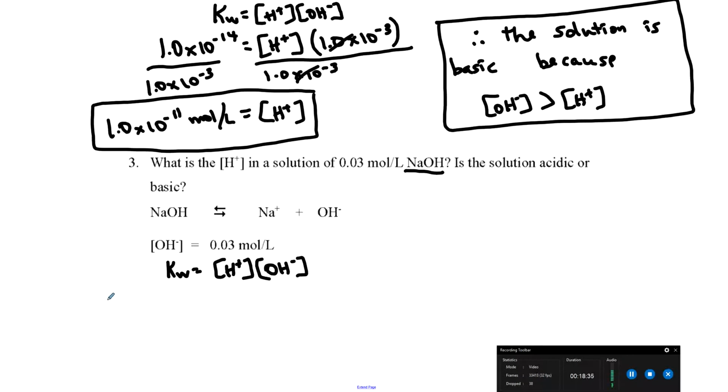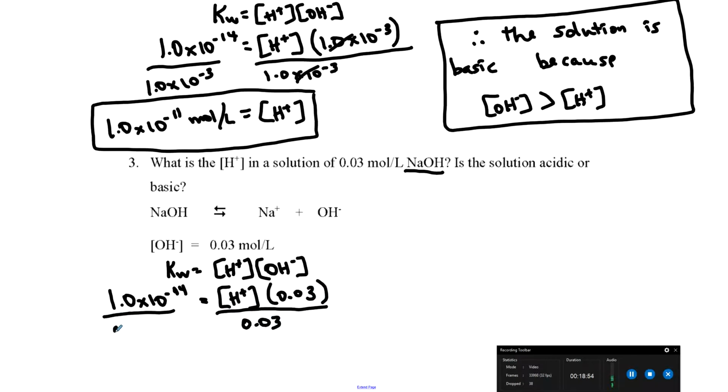So I'm still going to use my same Kw value, and this time I'm solving for H plus, and I'm plugging in this particular concentration here. So I'm going to divide both sides by 0.03.